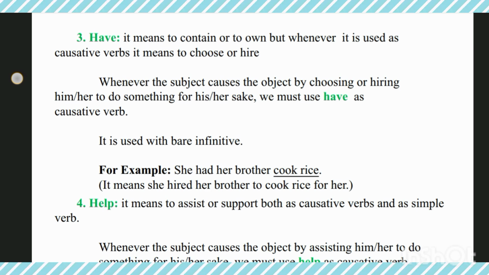Whenever the subject causes the object by choosing or hiring him or her to do something for his or her sake, we must use have as a causative verb. It is used with a bare infinitive.